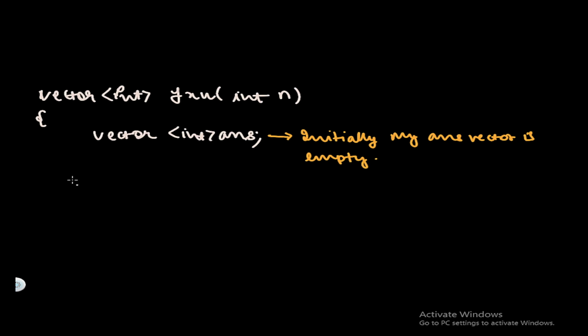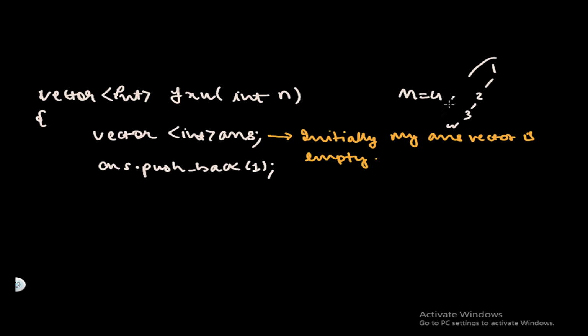Then I add 1 to it, so answer dot push_back 1. Why did I add 1? Because as I said, for n equal to 4 we start from 1, then we go to 2, then 3, then 4. This is the kind of structure which we are using.